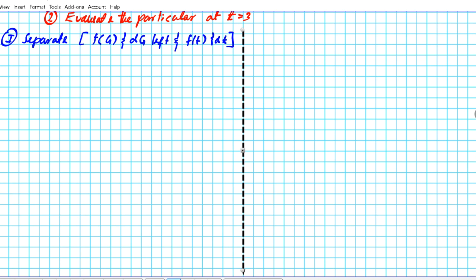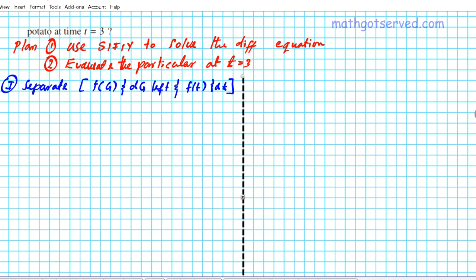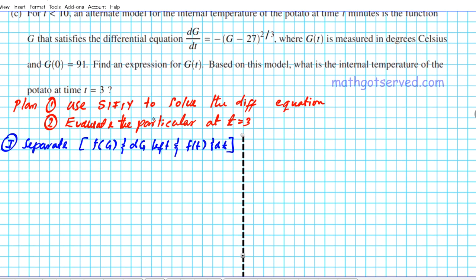If you look at the differential equation that we're trying to solve, f of g, the function of g, is, let's leave the negative out of it, the quantity g minus 27 raised to the 2/3. And the function of t, f of t, is just going to be -1 in this particular case. So this whole piece will be on the left side, and this will be on the right side, with dg on the left and dt on the right.